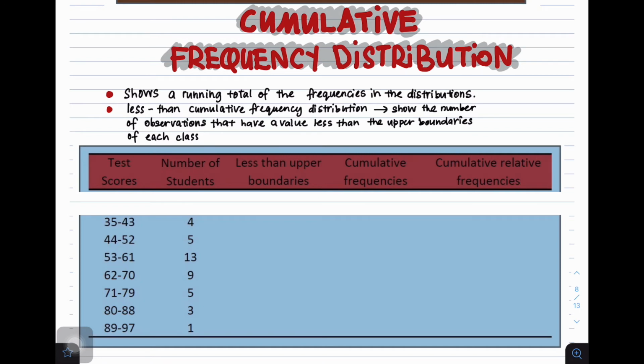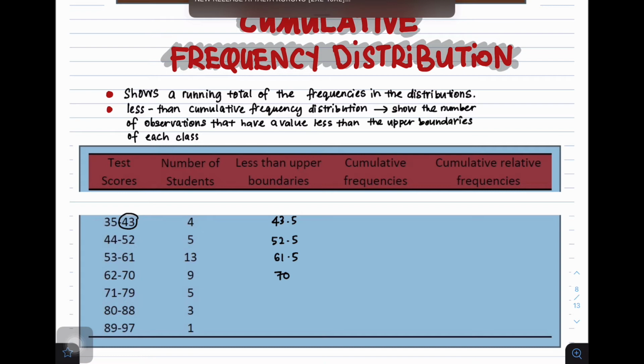You need to remember how to find the upper boundary of each class: it is 0.5 after the upper limit, 0.5 after 43. So our first upper boundary here is 43.5, and here we have 52.5, here 61.5, here 70.5, here 79.5, here 88.5, and the last one is 97.5.